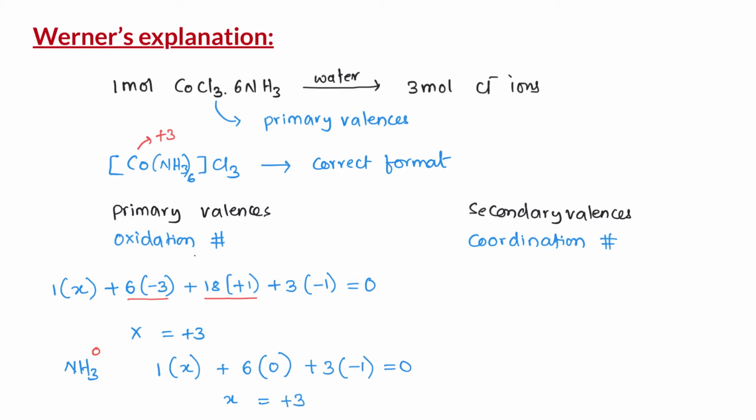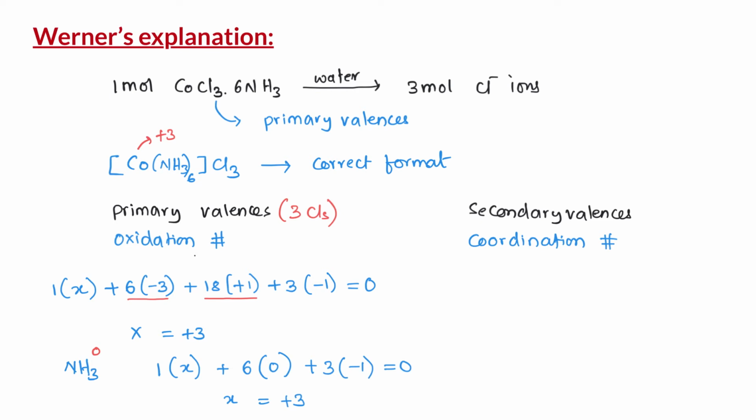So, how to identify a primary valence in a given coordination compound? Any anion present in the compound is contributing to the increase in the oxidation number of the metal. Therefore, it acts as a primary valence. We have 3 chlorines in the compound, and each of them is increasing the oxidation number of cobalt by +1.